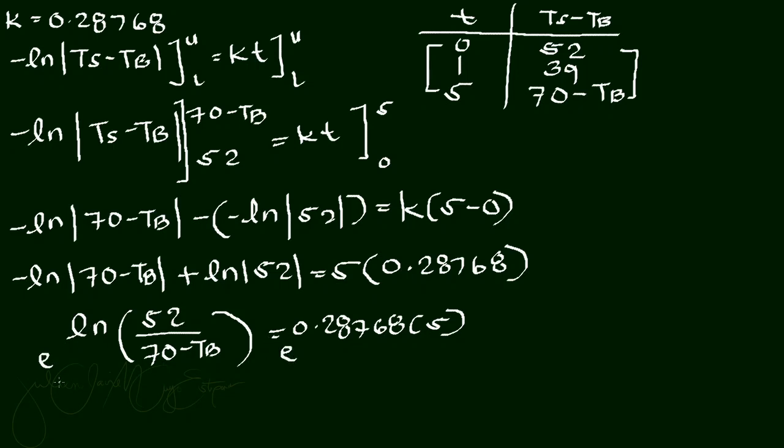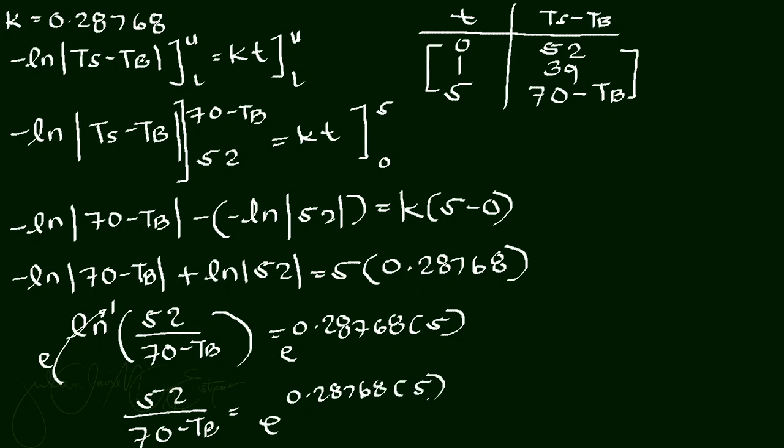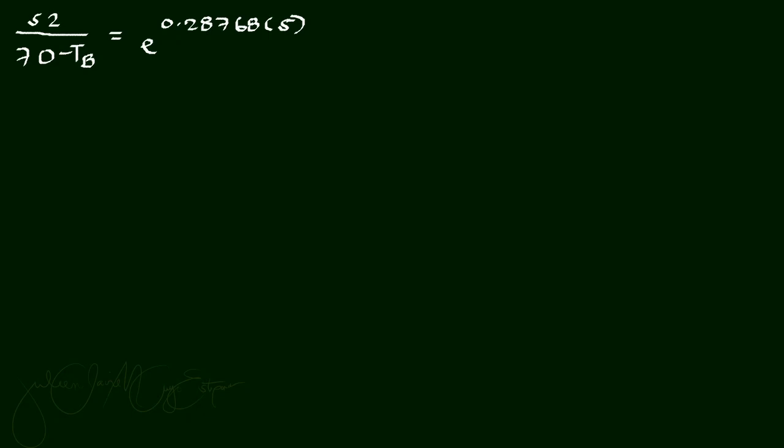Okay, to be able to cancel Ln there, let us raise that to E. The same with this. So E raised to Ln, that is equal to 1, so that will become 52 over 70 minus Tb is equal to E raised to 0.28768 times 5. Continuing that, to be able to get TB there, let us cross multiply. So it will give us 52 is equal to 70 minus TB multiplied by e raised to 0.28768 times 5.